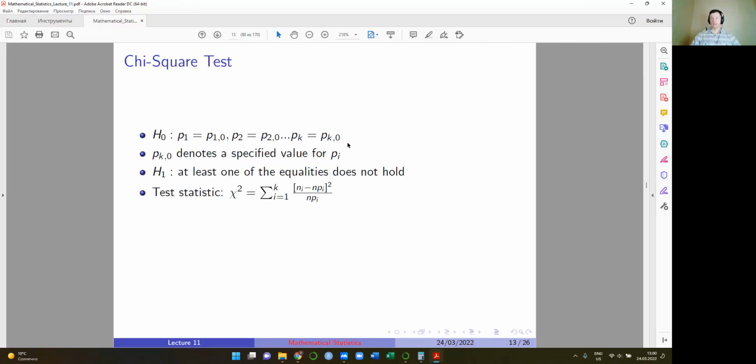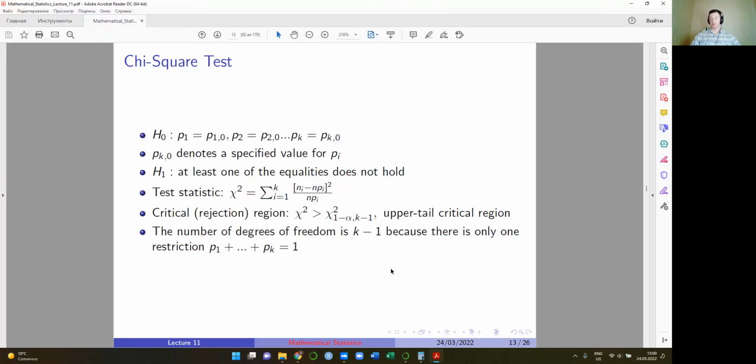So we know what the test statistic is. We know how to calculate it. The critical region for the upper-tail alternative is such that this test statistic must be greater than a critical value. And the critical value here is the 1 minus alpha quantile of a chi-square distribution with k minus 1 degrees of freedom.